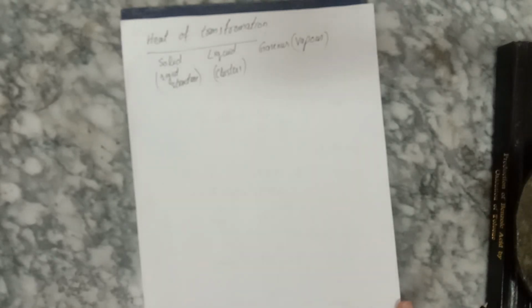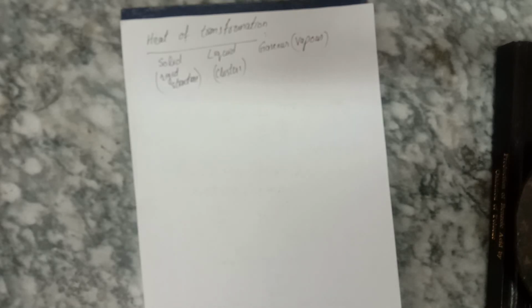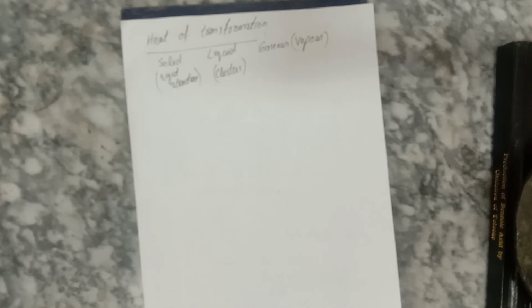To melt a solid into a liquid state, the molecules of the solid must be freed. As we know, in case of solid, the molecules are in a rigid state, they are bound together. So to transform them into a liquid, we need to break the rigid structure.